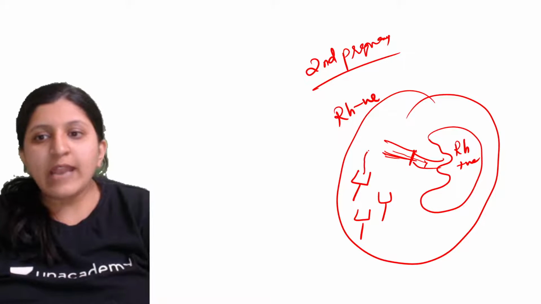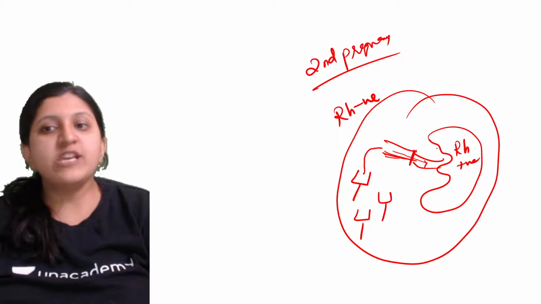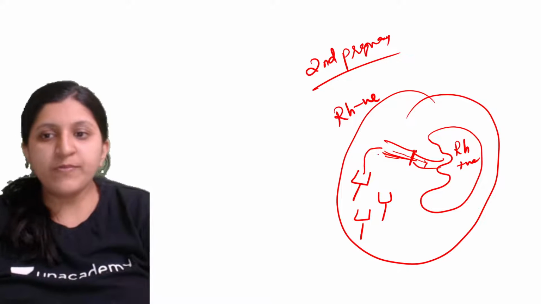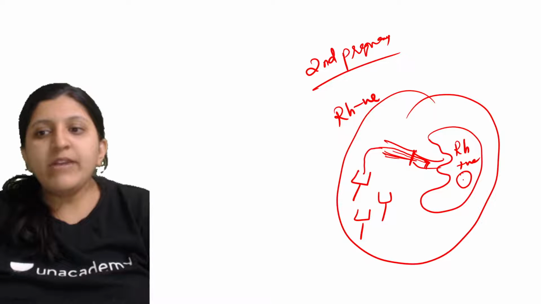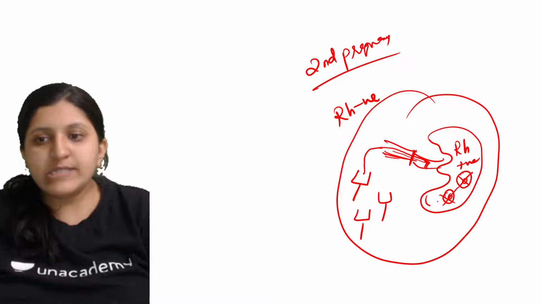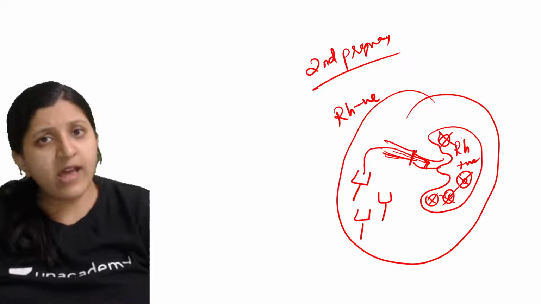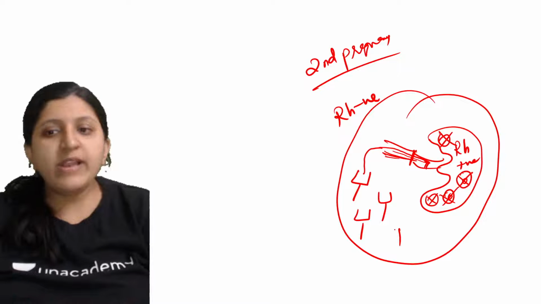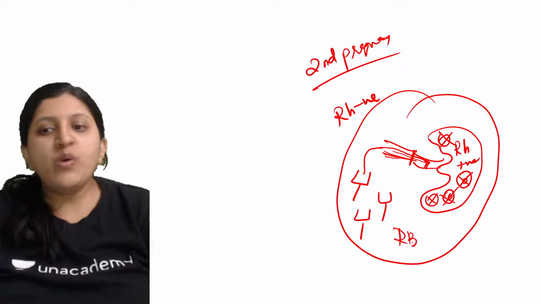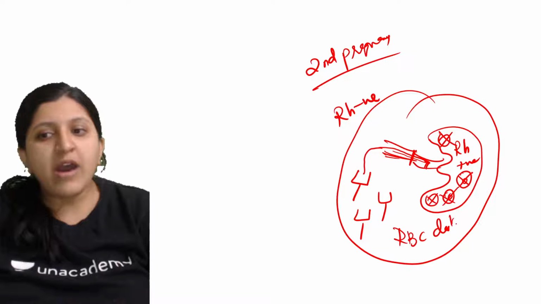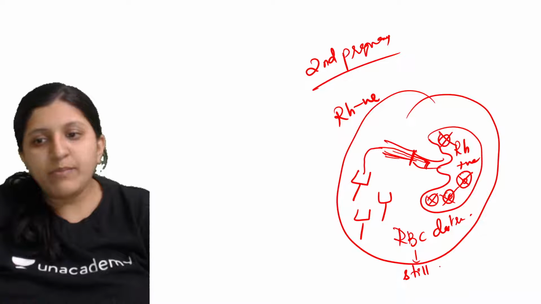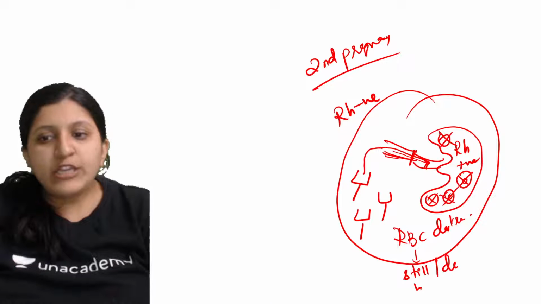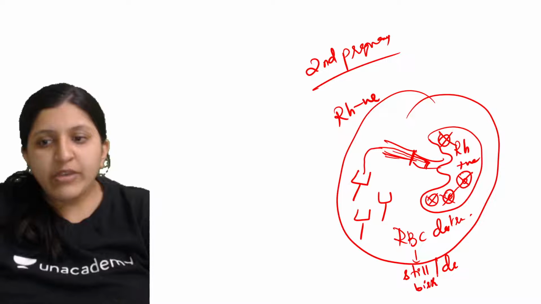During the second pregnancy, if this child is again positive, these antibodies will pass through and destroy all the RBCs which are present here. If all the RBCs are destroyed, it will lead to RBC destruction, and that can lead to stillbirth, that is, death of the baby. That we call a stillbirth.